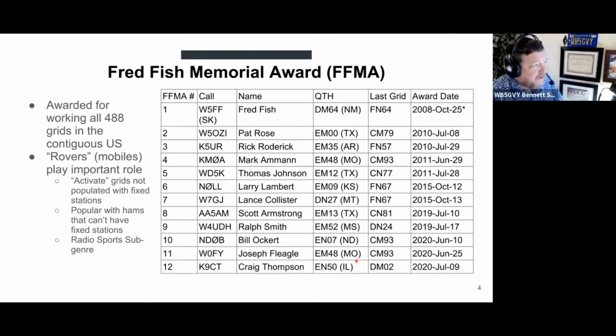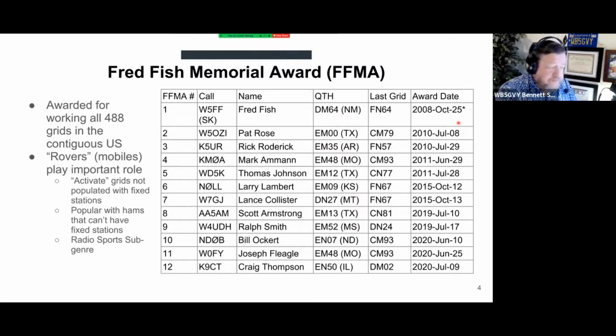So here's a little extra detail on the Frisch Memorial Award. The deal is, if you can work all 488 grids in the contiguous US, then you can win this award. It was named after Fred Frisch, Silent Key. He was posthumously awarded this in 2008.